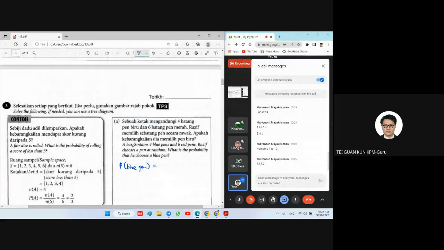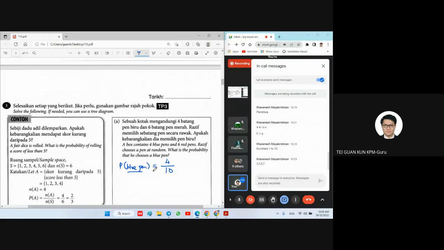So, blue pen. How many blue pen? 4. Total semua berapa? Total pen berapa? 10 lah.